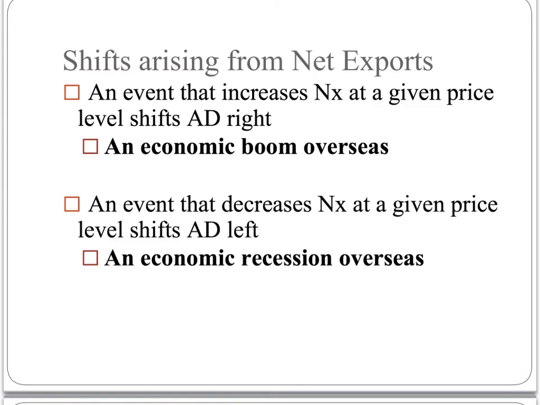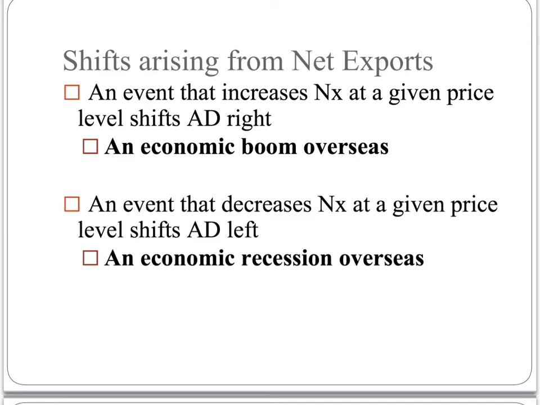Net exports, for the most part, pretty straightforward. Increase in aggregate demand to the right if there's an economic boom overseas, which means that we're able to sell more products because more products are being demanded overseas by whichever country or countries are experiencing an economic boom, meaning they can buy more at each given price level, which means they're probably going to demand more of our goods.